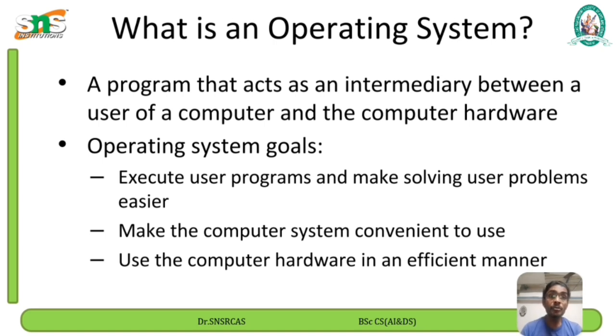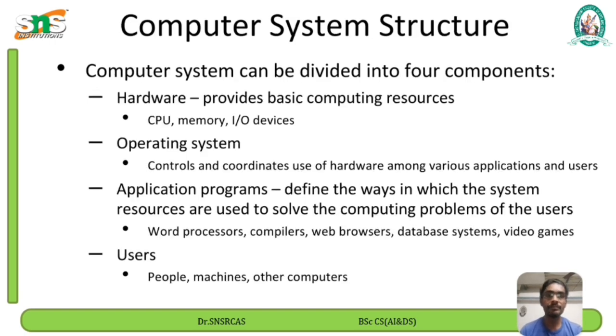It executes the user programs, makes solving user problems easier, and makes the computer system convenient to use. Use of computer hardware directly is not possible, so you have different types of applications in such a way that the user can make use of hardware components in an efficient manner.